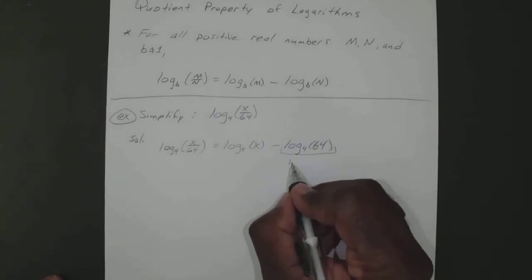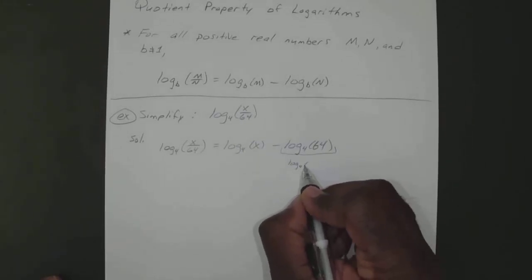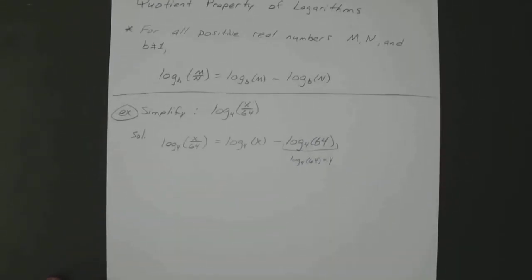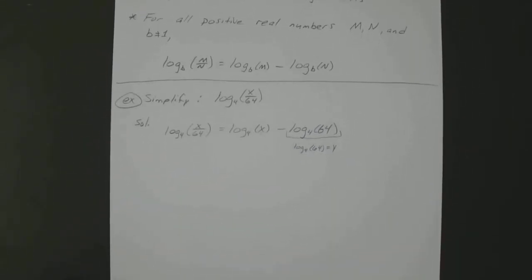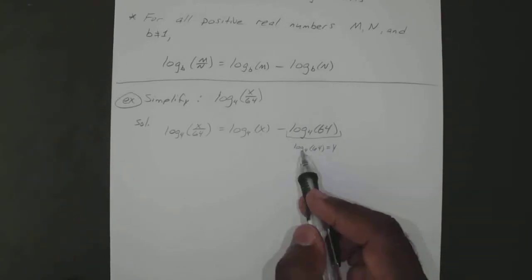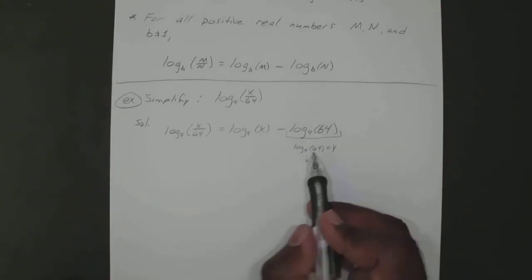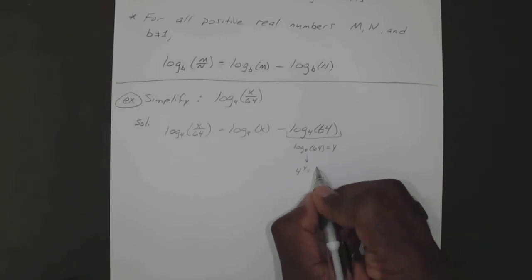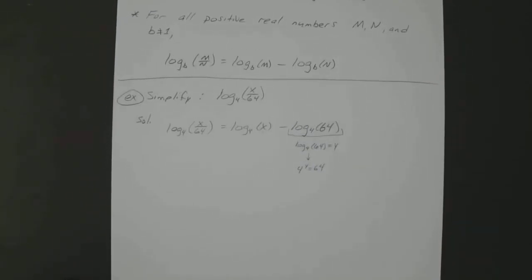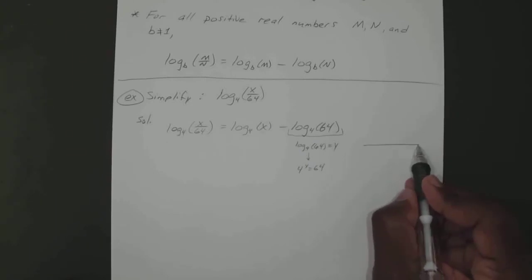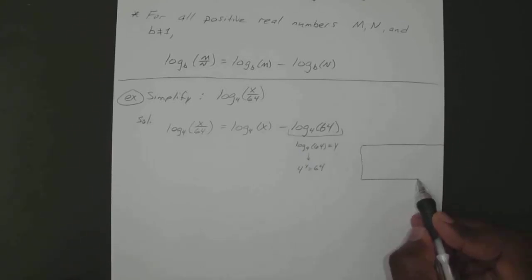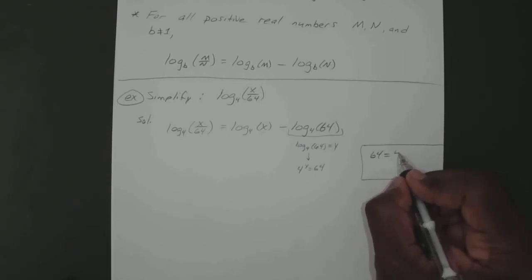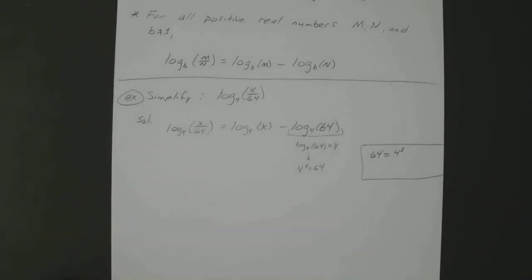So if we let log base 4 of 64 equal y, you have 4 to the power of y equals 64. 64, we can rewrite as 4 to the third power.